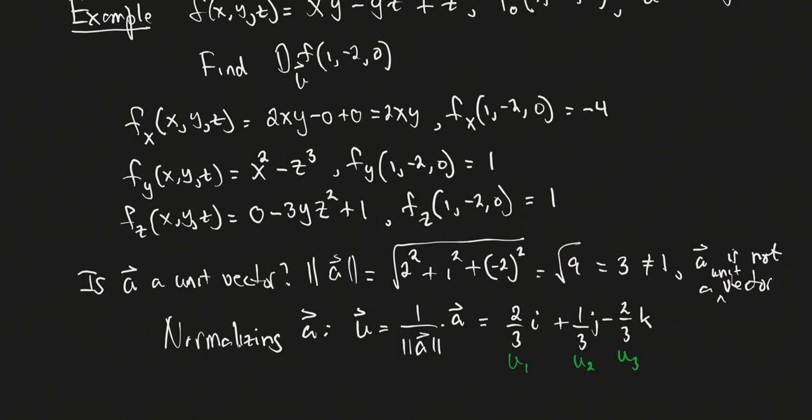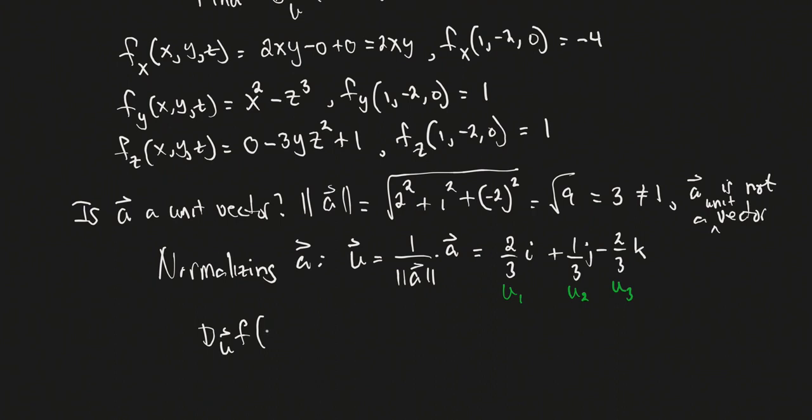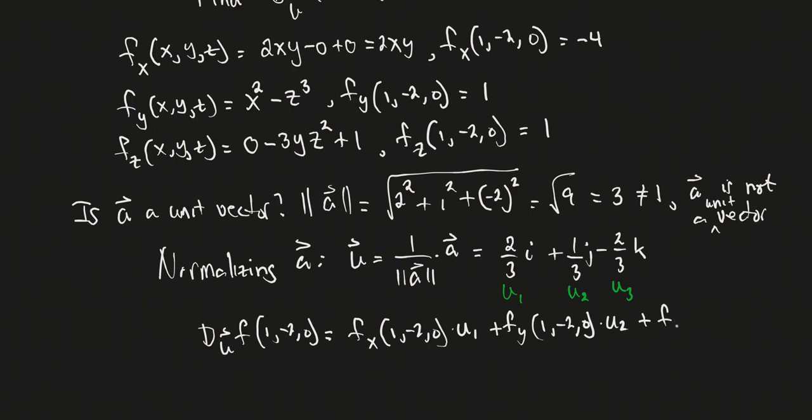Okay, so here's our last step. Our directional derivative in the direction of u of this function at the point 1, negative 2, 0. The formula says it's, again, I'll write it down as f sub x evaluated at 1, negative 2, 0 times u1, plus the partial with respect to y evaluated at 1, negative 2, 0 times u2, plus the partial with respect to z evaluated at 1, negative 2, 0 times u3.